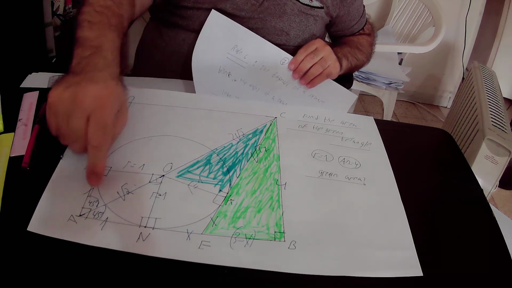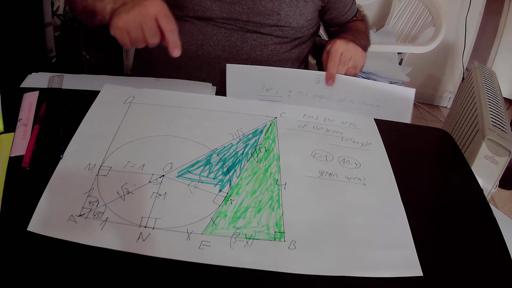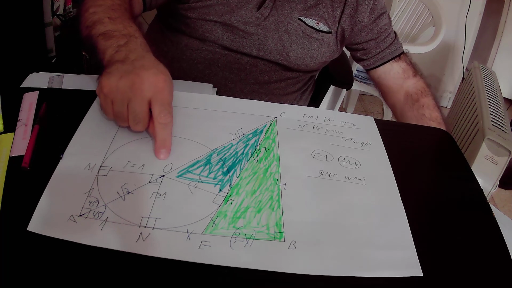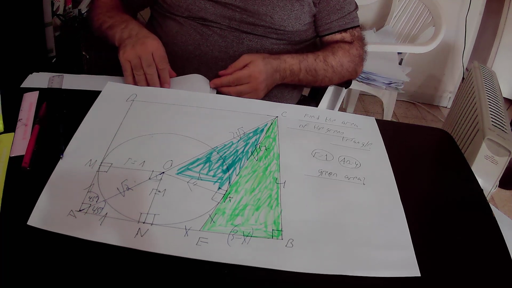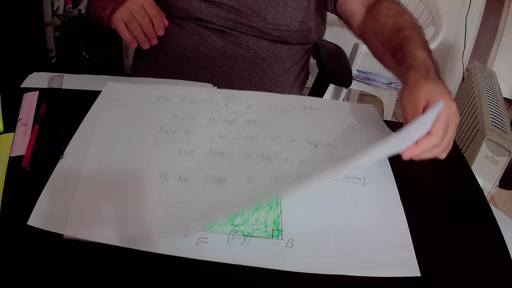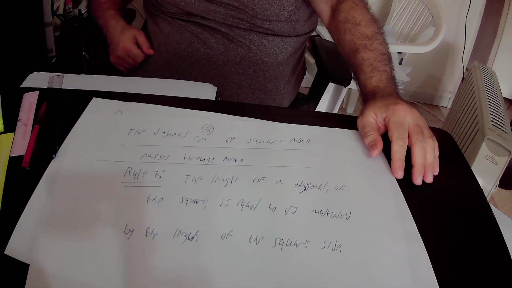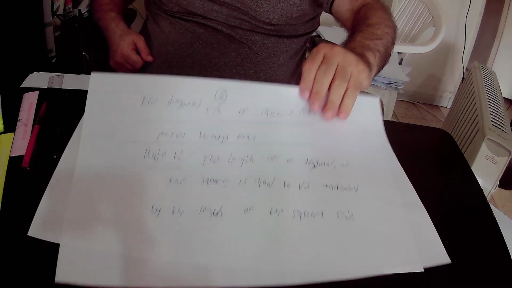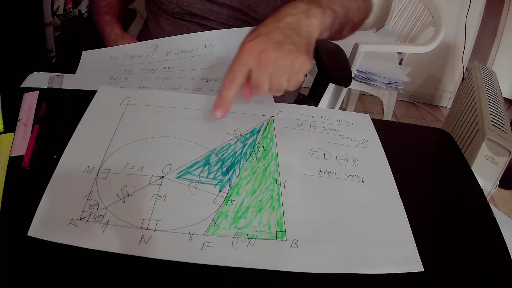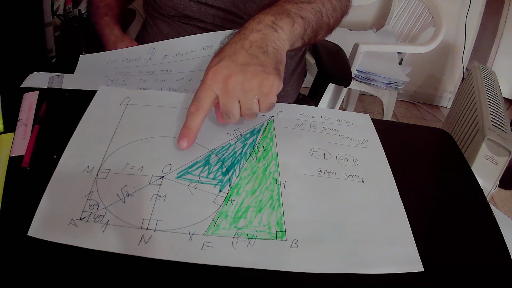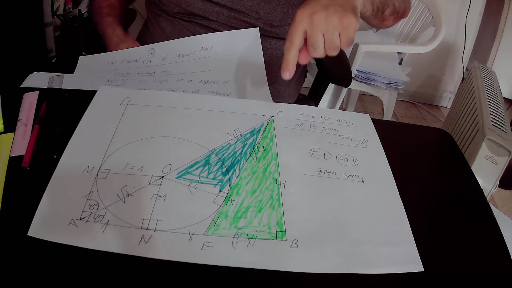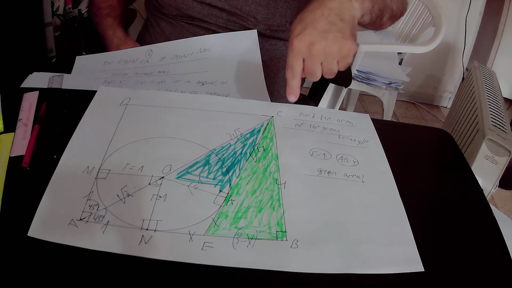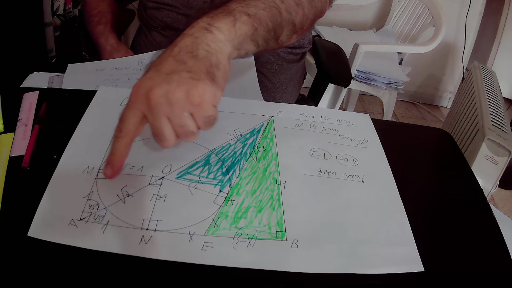From the fact that angle OAB equals angle CAB, we conclude that the diagonal CA of square ABCD passes through point O. The diagonal CA must pass through point O, otherwise, if we assume that diagonal CA doesn't pass through point O, then angle CAB will never be equal to angle OAB.